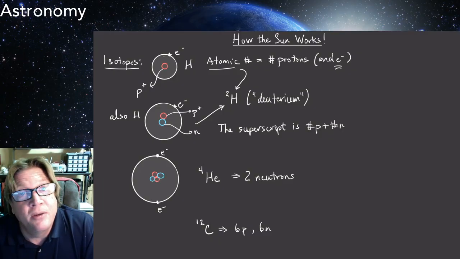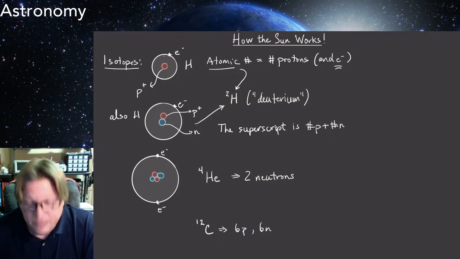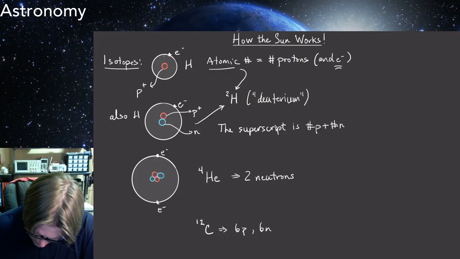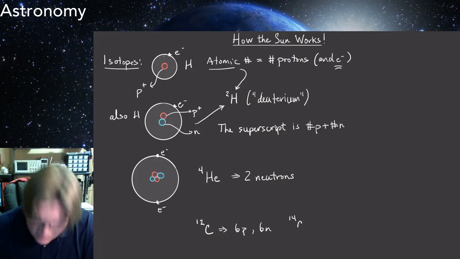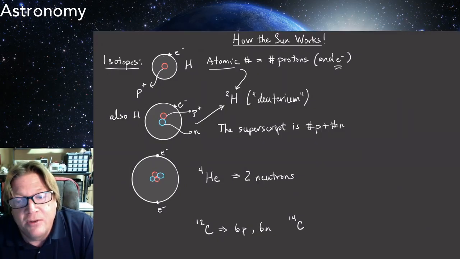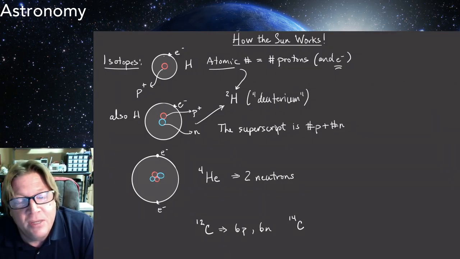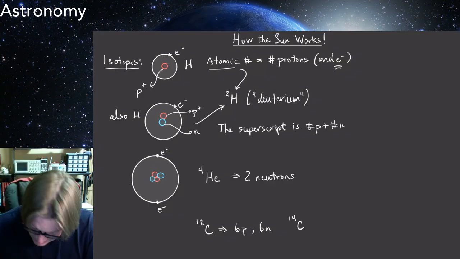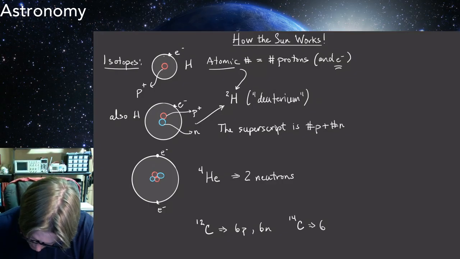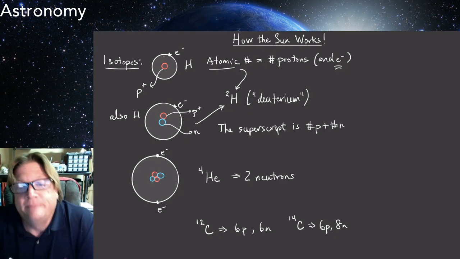There's a type of carbon that is unstable. Carbon 12 is stable. There's a kind of carbon, an isotope of carbon, called carbon 14. Carbon 14 is still carbon. It still has 6 protons, otherwise it wouldn't be carbon. But now this must then have 6 protons, 8 neutrons.